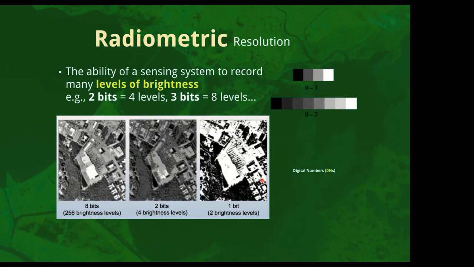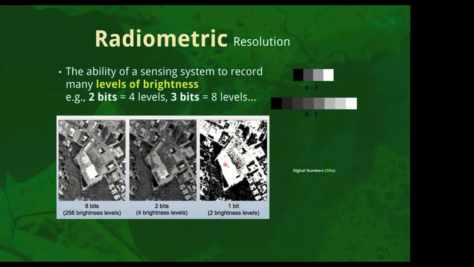Specifically, we use the unit of bit to quantify radiometric resolution. Essentially, 2 bits represents 4 different levels because we're going by the power of 2, and 3 bits means 8 different levels.